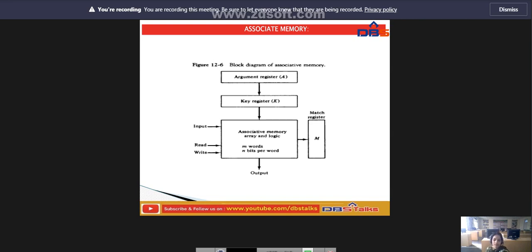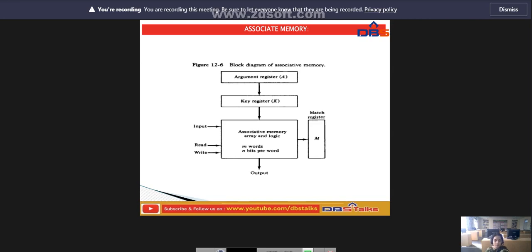Associative memories are used in applications where the search time is very critical and must be very short. And we have the hardware organization. So this is the block diagram of the associative memory.